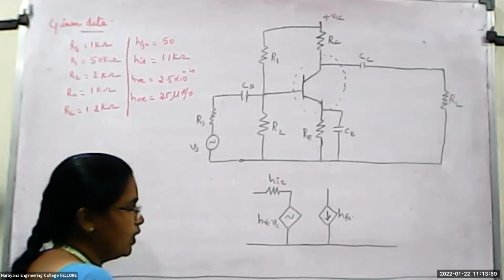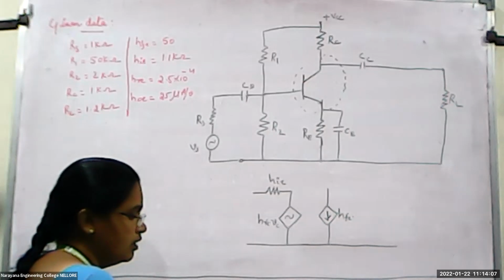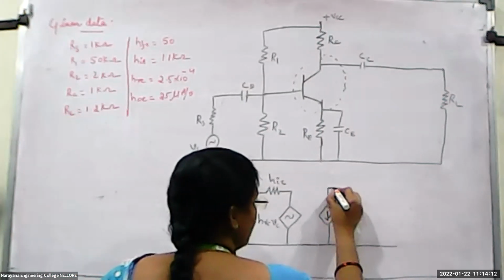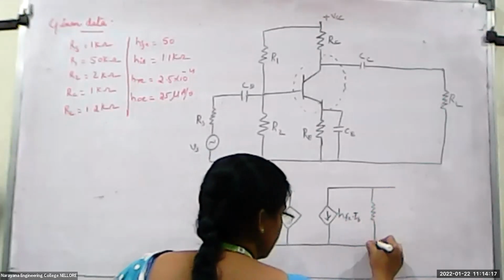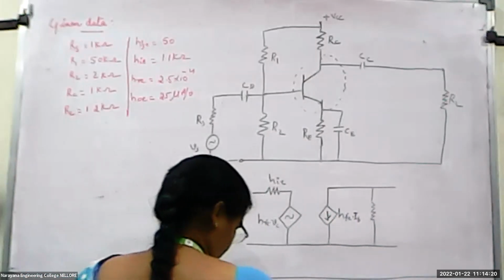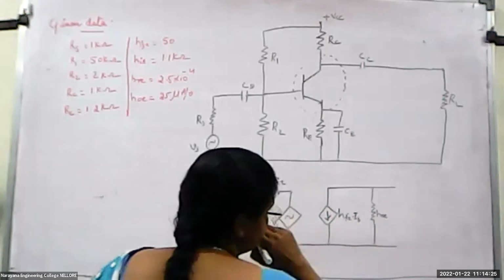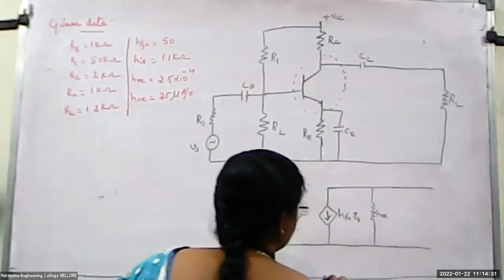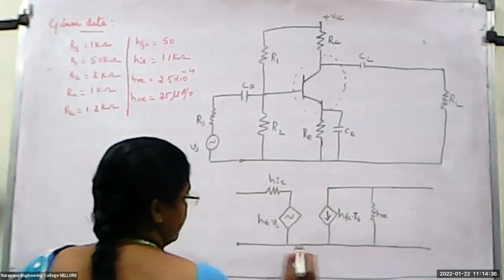Tell me the answer. IB. Input current is IB. Here there is a resistance, HOE. So this is the transistor equivalent model.